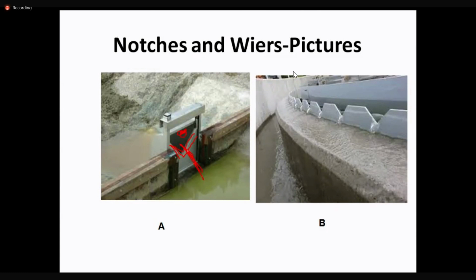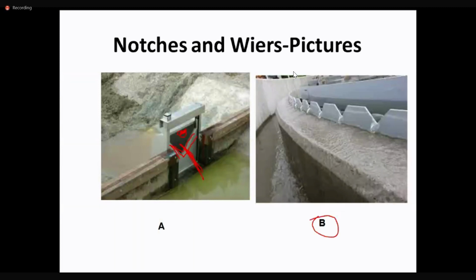So it flows over the weir, but it travels some distance on the actual weir in the direction of flow. Now, these two devices on the right hand side, picture B, are taken from a water treatment plant.